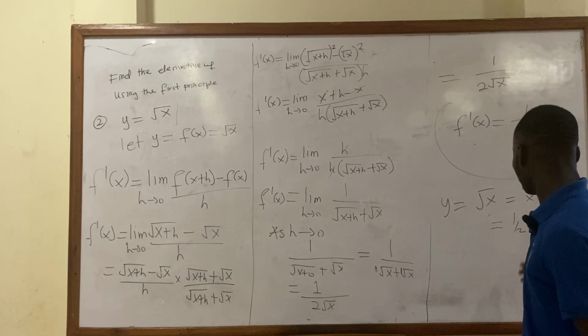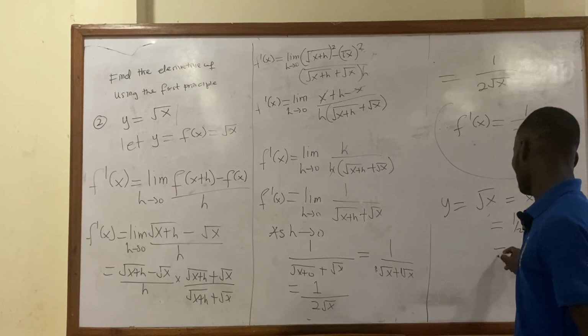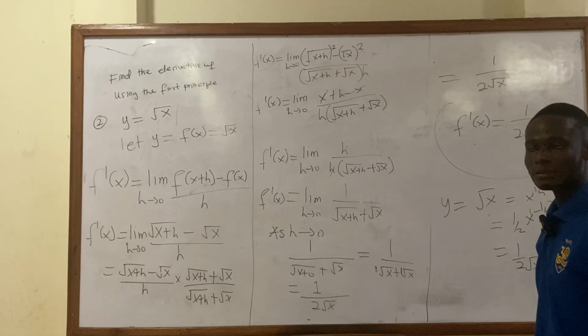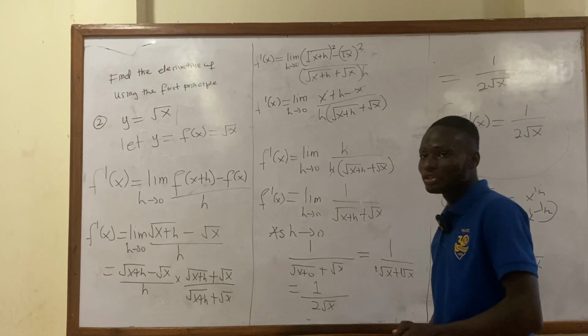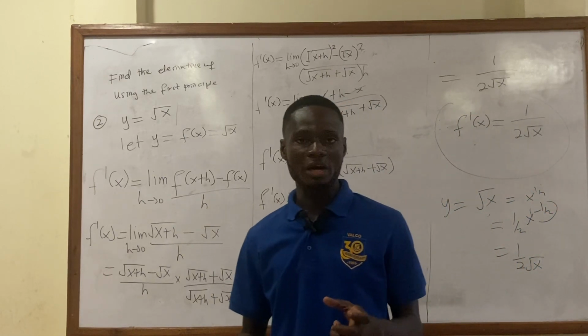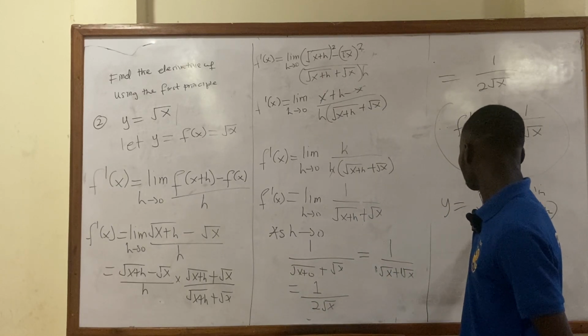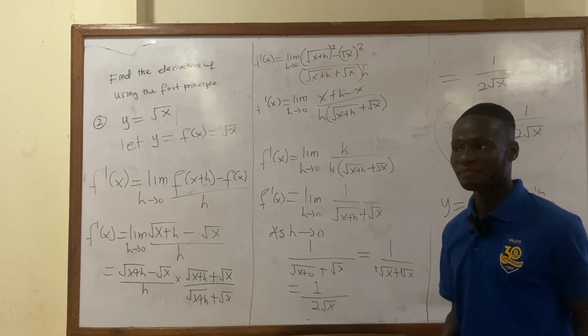And this result is the same as 1 over 2 root of x. All right. So before you use the first principle, if you are not very sure of your answer, you can use the power rule to verify your solution before you go ahead.